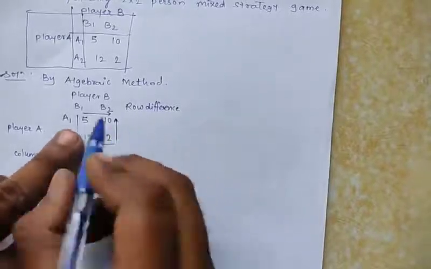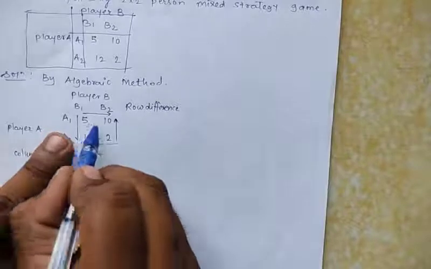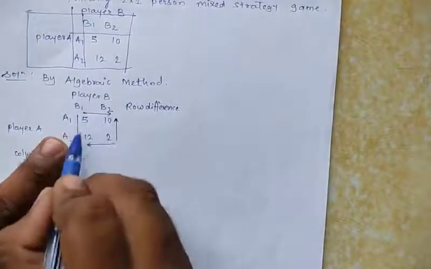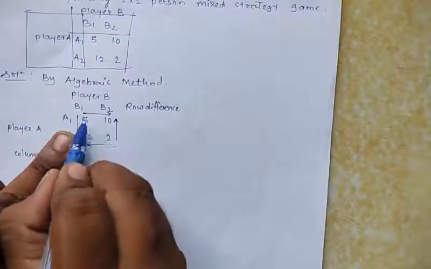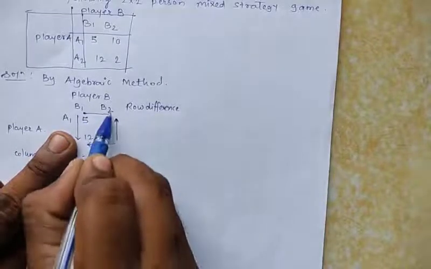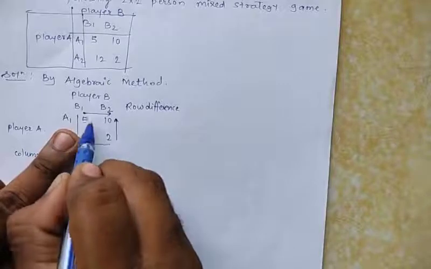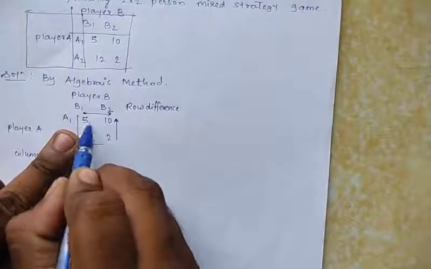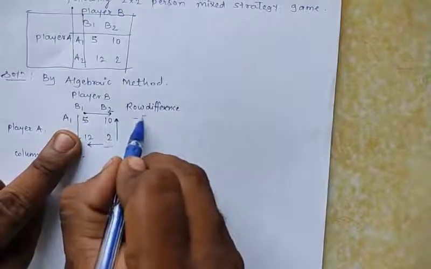Taking the row difference, look at this arrow: this is the starting point and this is the end point. Take the subtraction 5 minus 10, which is minus 5.